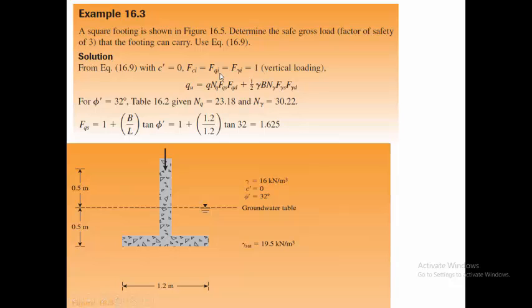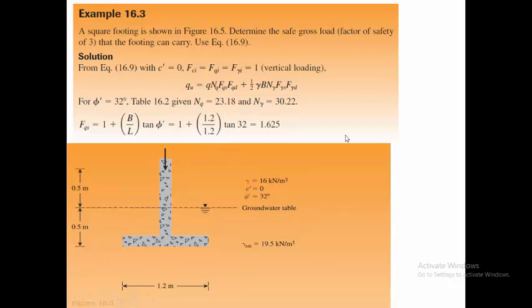For FCI, FQI, and F gamma I, it is equal to 1 because the load is directed. Directed is always 1. If the load is not directed, that is not equal to 1. I will discuss that in another example, if the load is inclined.